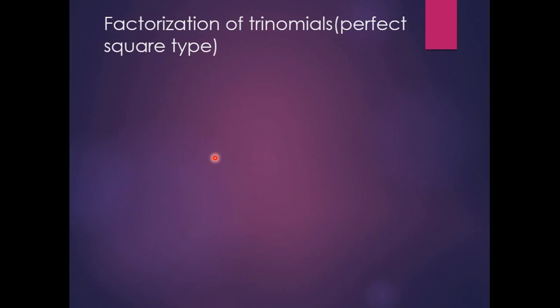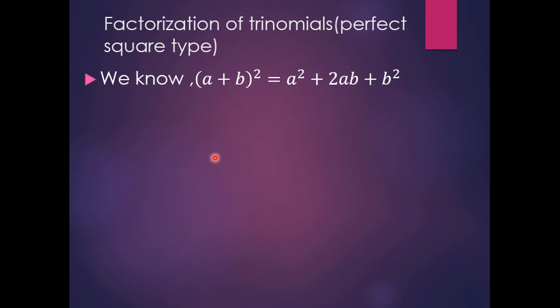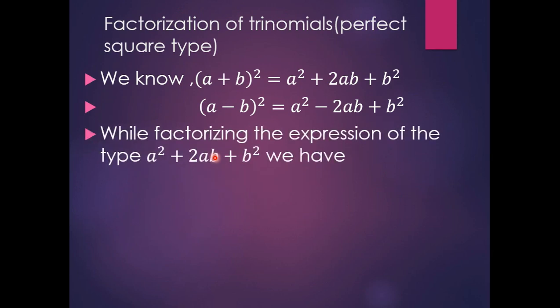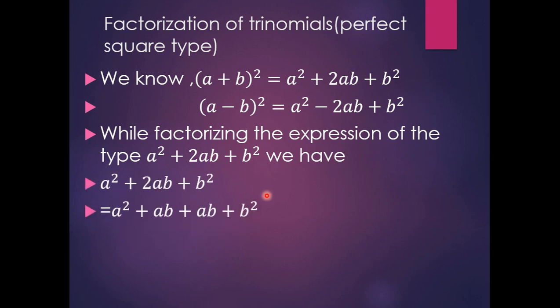Now, factorization of trinomials of the perfect square type, this I have already explained. Okay, a plus b whole square equals a square plus 2ab plus b square, and a minus b whole square equals a square minus 2ab plus b square. While factorizing an expression of the type a square plus 2ab plus b square, we write a square plus ab plus ab plus b square, and from the first two terms a is common, a plus b; from the last two terms b is common, a plus b we get.